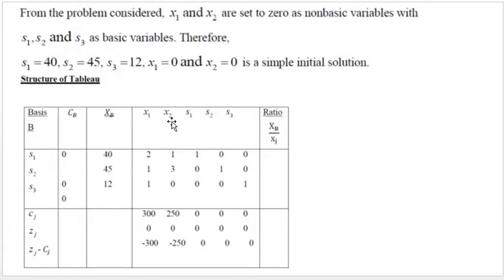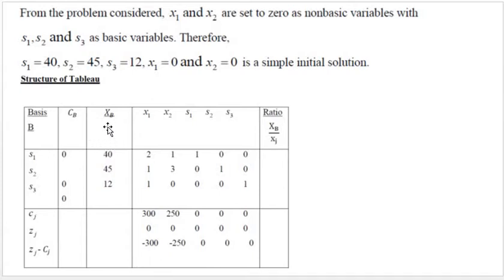So this is the structure of a simplex table. The first column represents the basis column, which corresponds to the basic variables, and the cost associated with the basic variables is denoted by CB. In the second column, the values correspond to the cost associated with the basic variables, and the third column, XB, is the solution space.